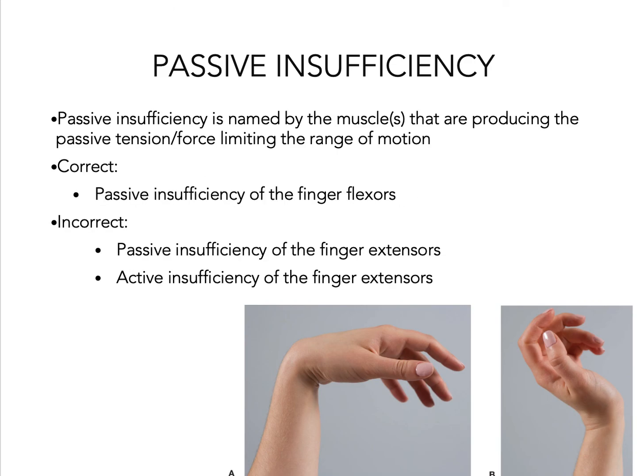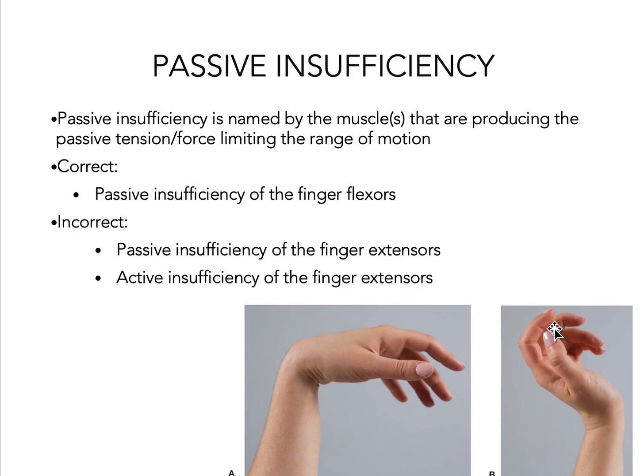Passive insufficiency is named by the muscle that is producing passive tension, limiting the range of motion. So the correct name would be passive insufficiency of finger flexors. We're passively elongating finger flexors, which doesn't allow us full wrist extension.